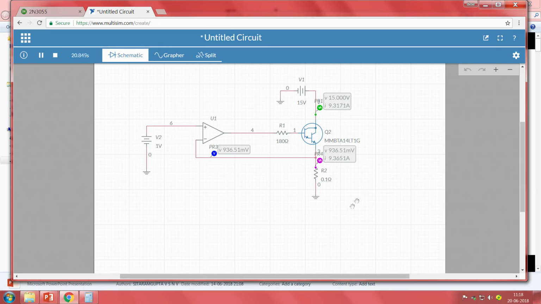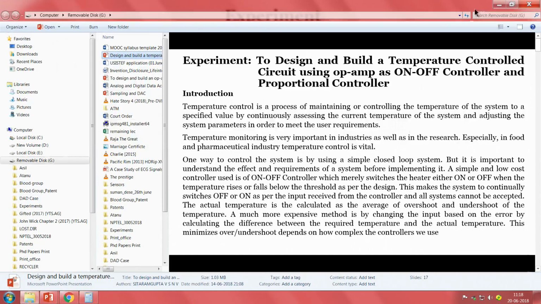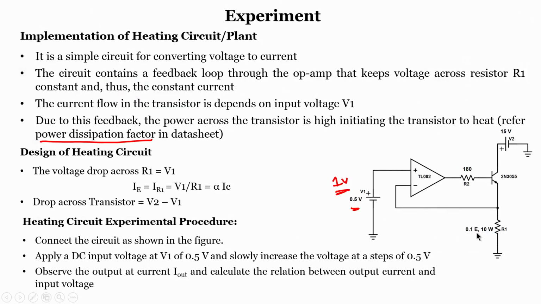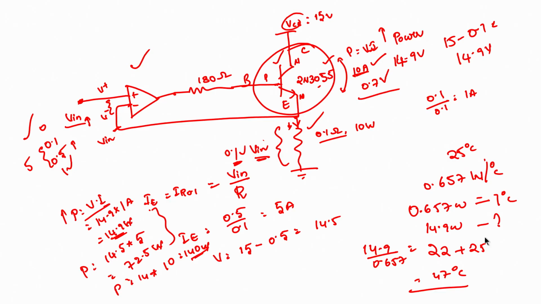Now, what is the importance of having a 10 watt? When we recall our simulation, we have mentioned 10 watt. Why? The reason is the maximum current flow we are using is 10 amps, right. The voltage drop is 1. Your transistor should not get damaged, your resistor should not get damaged.